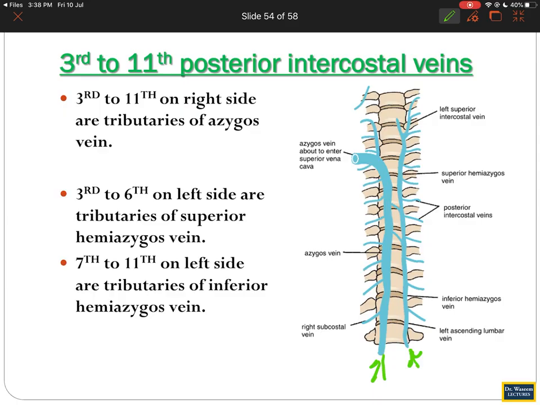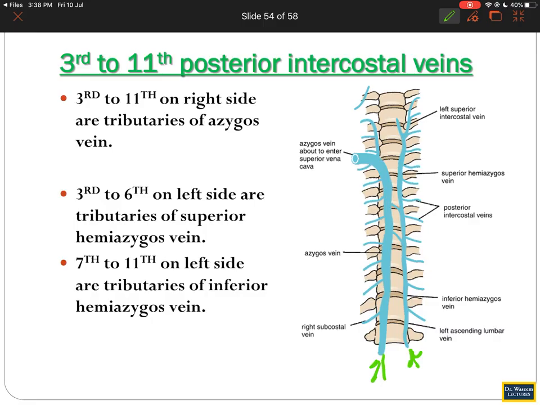Previously we saw that from the 3rd to 11th intercostal spaces, 3, 4, 5, 6, 7, 8, 9, 10, 11, we had 9 intercostal spaces supplied bilaterally by the aorta: the upper 2 from the superior intercostal and the lower from the subcostal, obviously also from the aorta bilaterally.